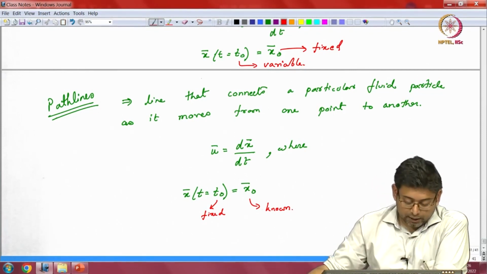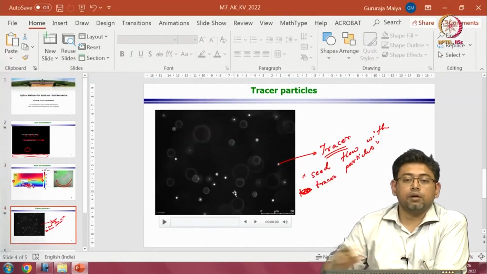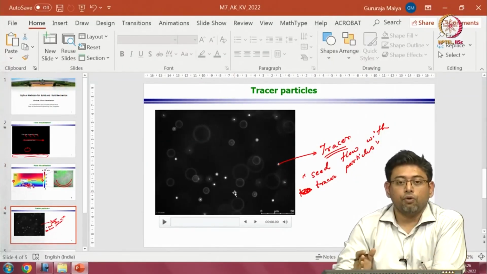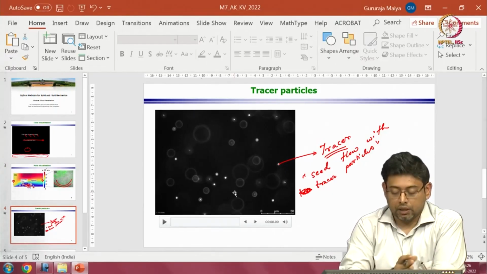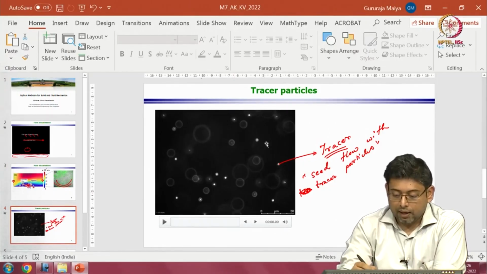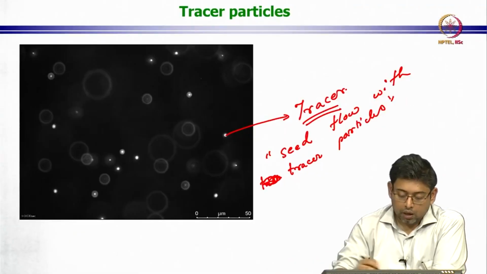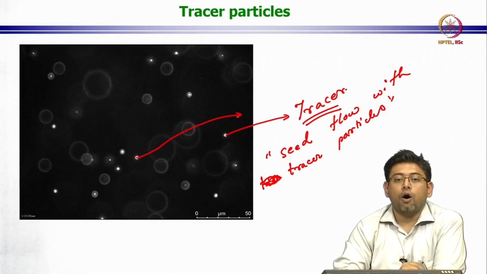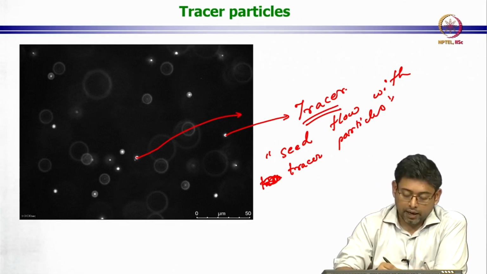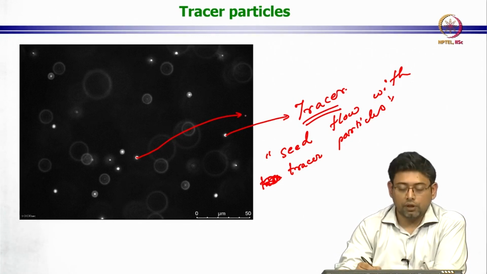If you have a condition like this, let us say you had tracer particles in a flow, and if a flow was imposed here and you took a long exposure photograph, then you would have, let us say, the particle moving like this, and you will get this entire line, which is actually the path line.